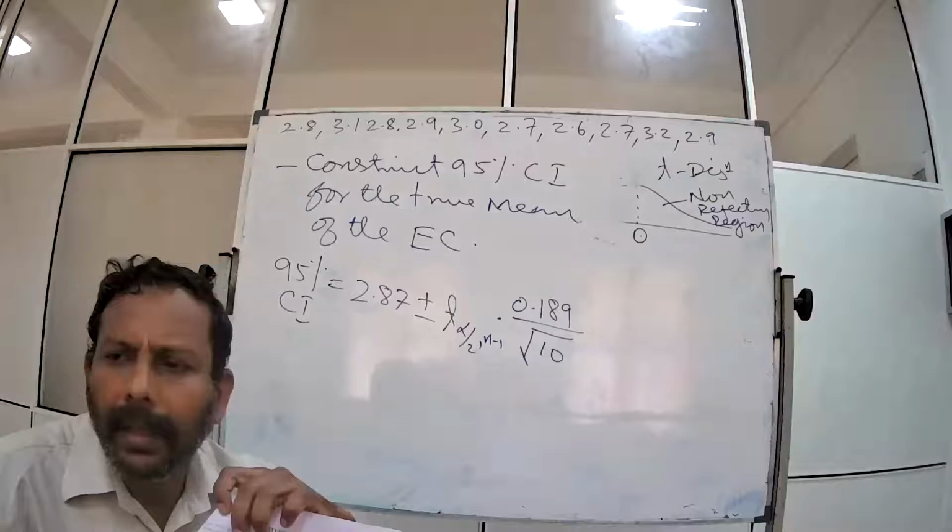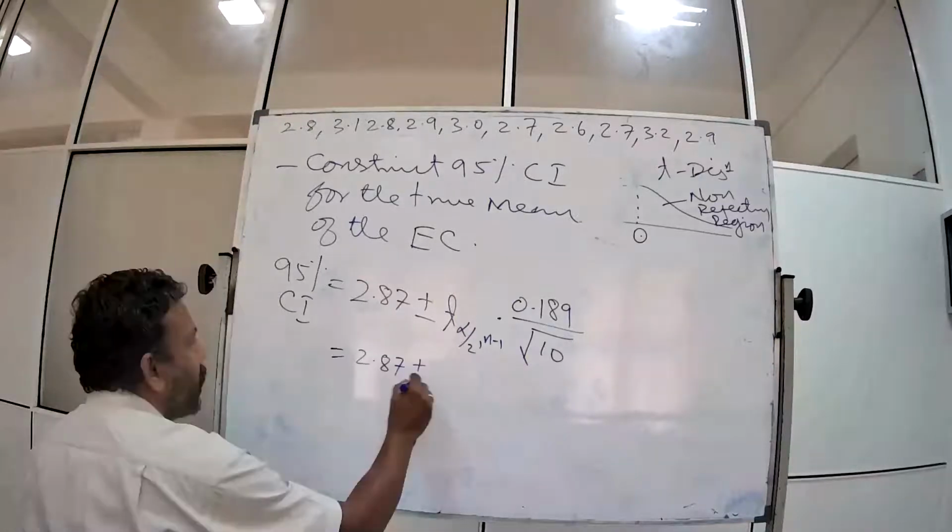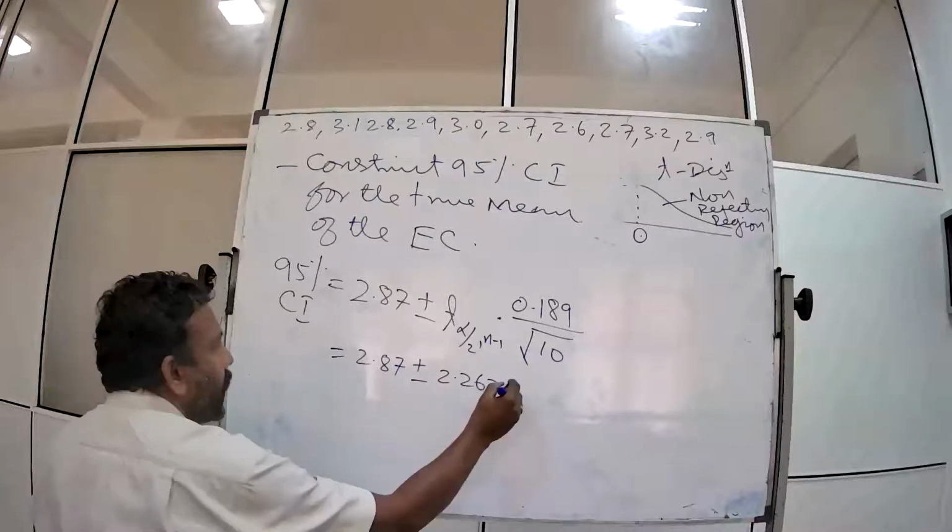Look at the value 0.05 and degrees of freedom 9. What is the answer? 2.262. Yes, 2.262.